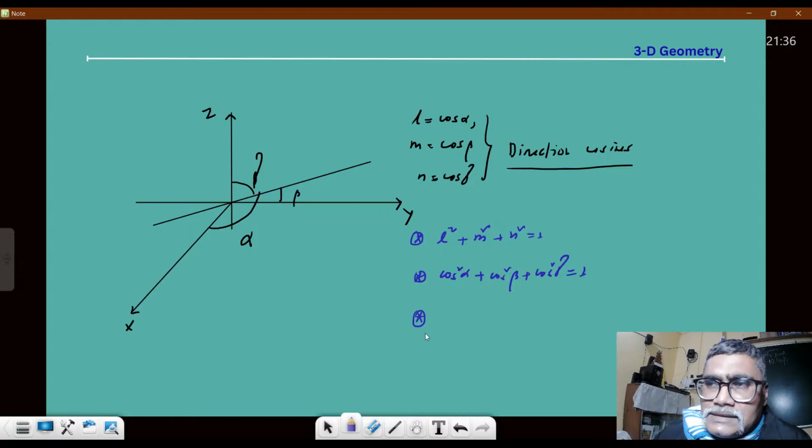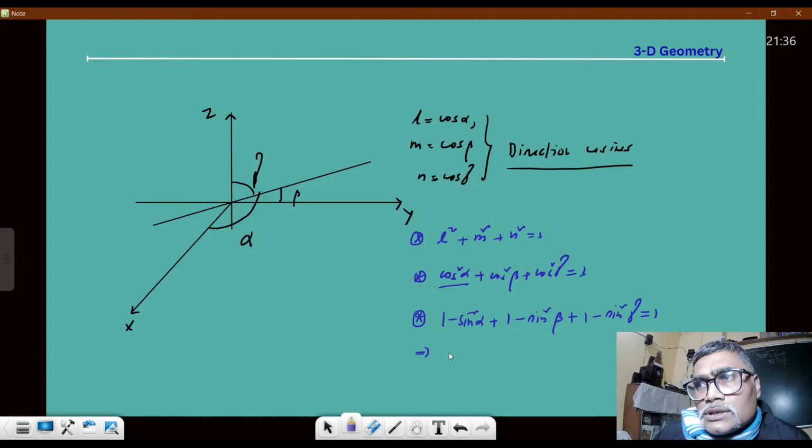And what follows is seen to be a problem actually in the exam: instead of writing cos square alpha, I can rewrite it as 1 minus sin square alpha, this as 1 minus sin square beta, and this as 1 minus sin square gamma.